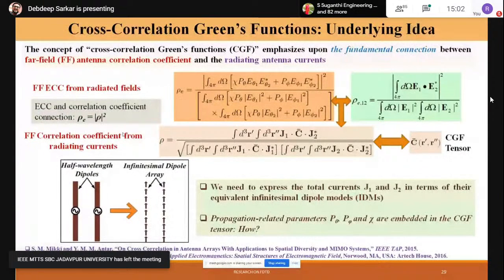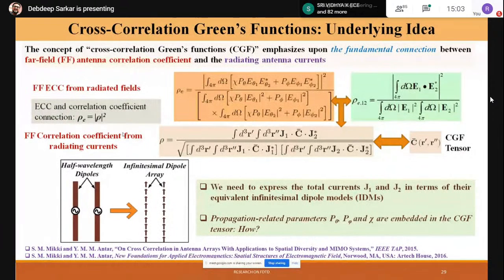Anyway, the concept of this cross correlation Green's function is based on a very well-known electromagnetic principle which we studied during our antenna course, based on the concept of array factors and Hertzian dipoles.